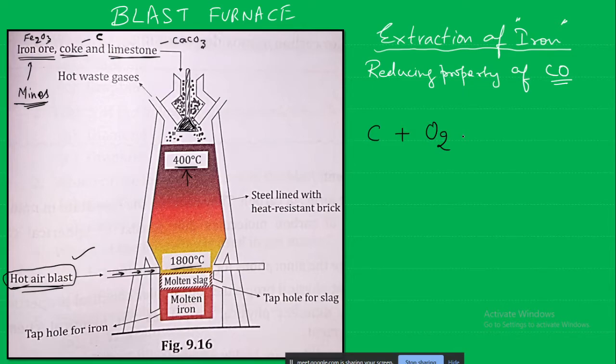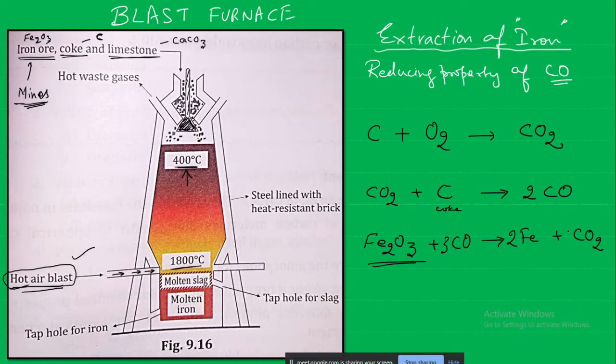So in this way we are able to convert the iron ore into iron using the reducing property of carbon monoxide. So this whole design of this furnace is for that purpose.